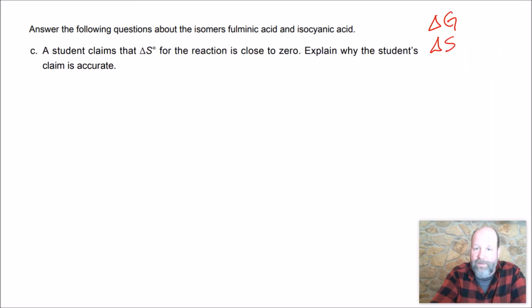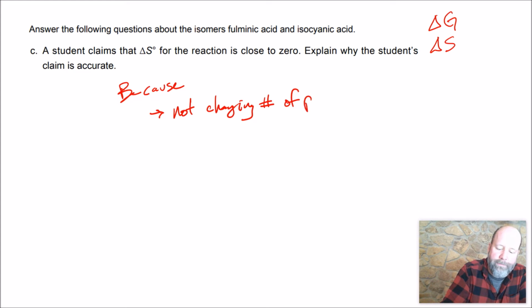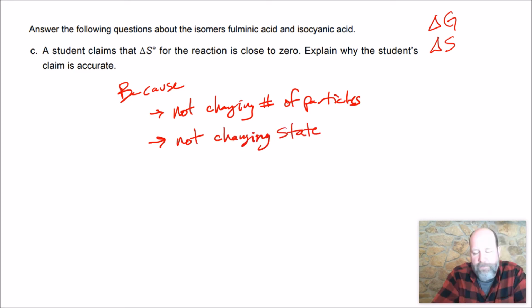So you need to say something like that the claim is accurate because, two things though, not changing the number of molecules or number of particles, and we're not changing the state of matter. So both of those contribute to a very, very small change in entropy.